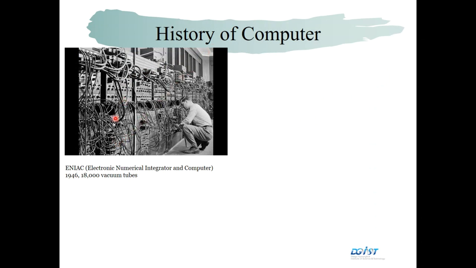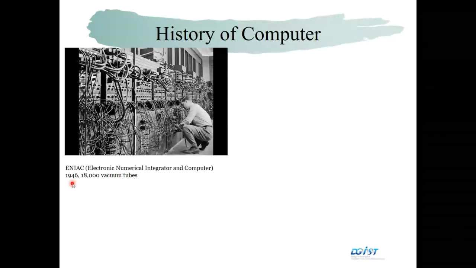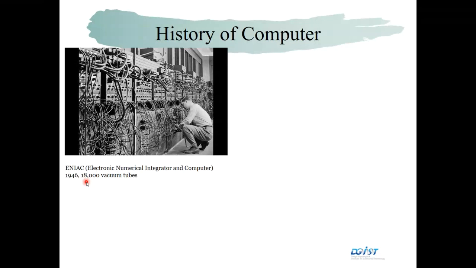This is the ENIAC, the Electronic Numerical Integrator and Computer. It was born in 1946, and it had 18,000 vacuum tubes.